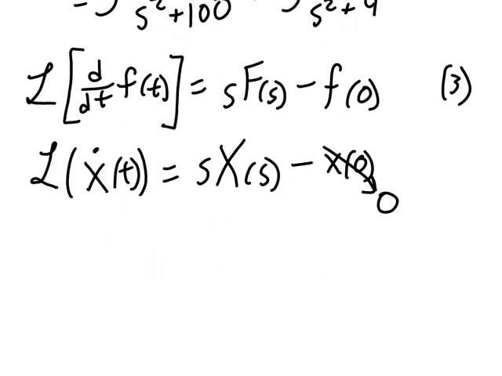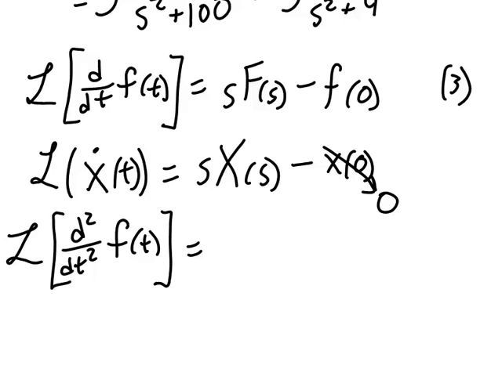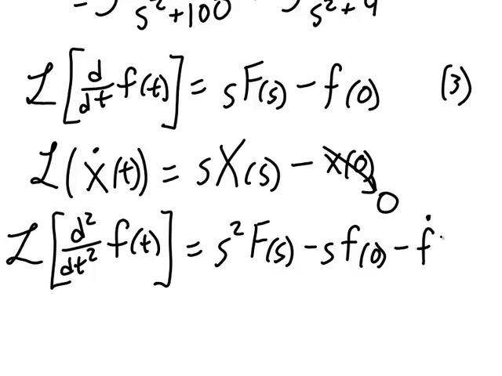Property number 4 of the Laplace transform is very similar to property number 3. It tells us what we do in the case of a second derivative. The Laplace transform of a second derivative is equal to s squared times the Laplace transform of the function minus s times the value of the time function at 0 minus the value of the derivative of the time function at 0.